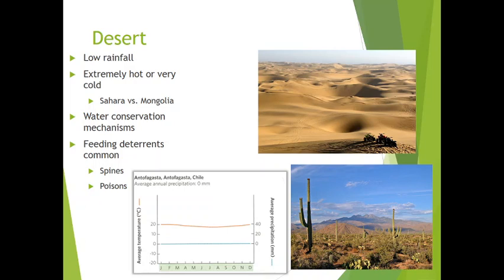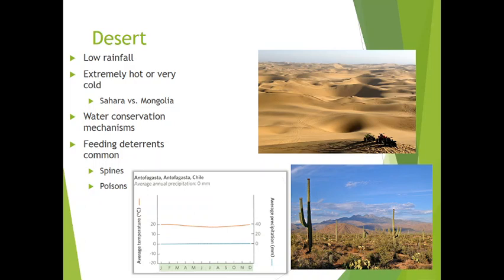If you think about Mongolia, there's a high altitude desert in Mongolia, and that western China area, where there's just not a lot of rain that falls. So you can have cold and hot deserts.